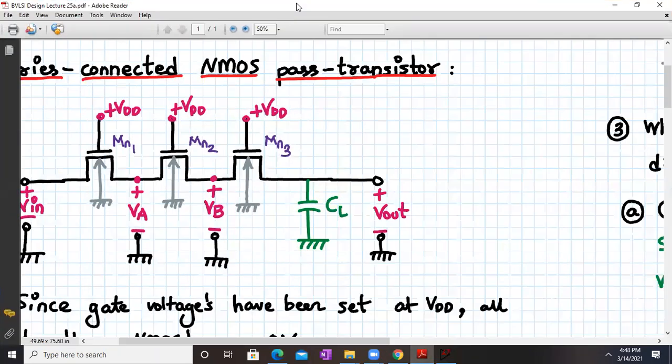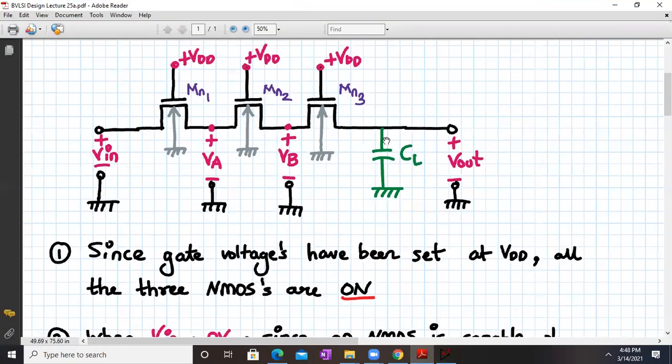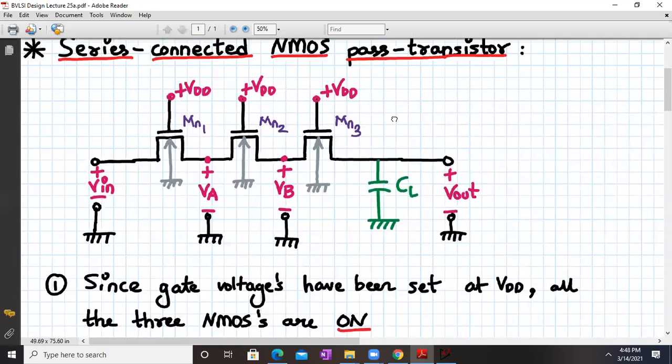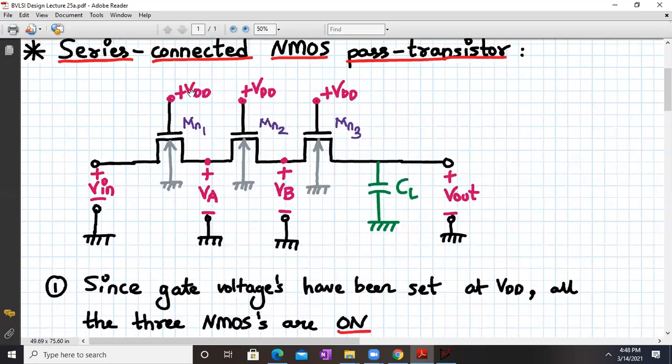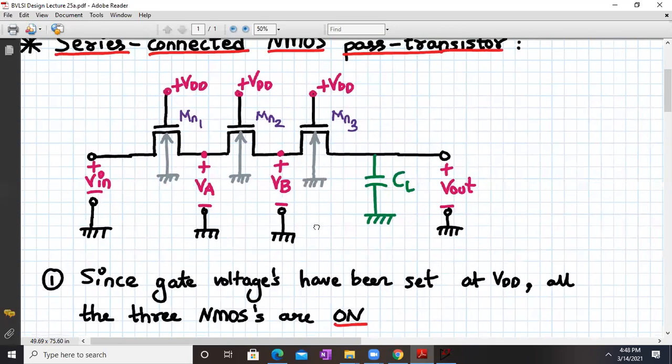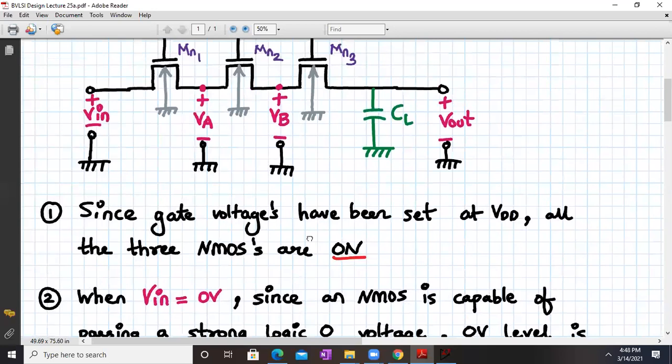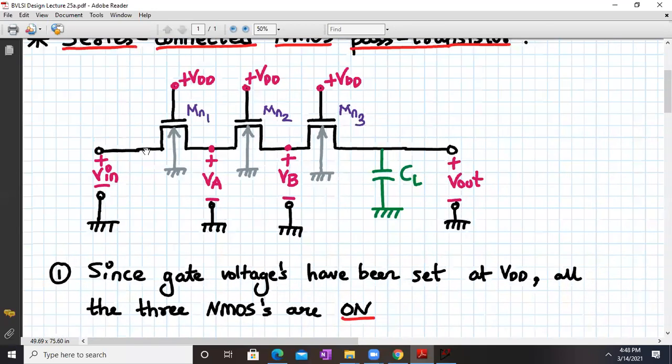So let us see why this was happening. Okay, so the circuit is this. We have applied VDD over here, and all the gate terminals have VDD applied. So that means all the NMOS pass transistors are on. And when we apply V in as 0, all the NMOS pass transistors are capable of passing logic 0 perfectly.